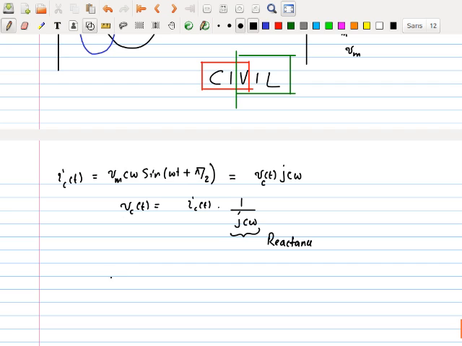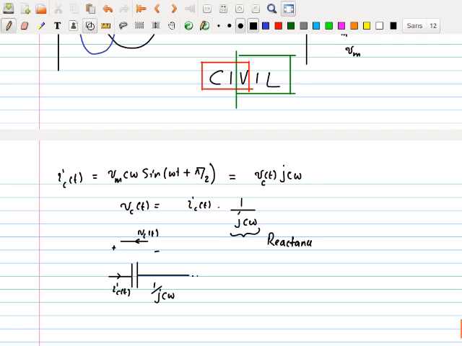So now this is like V is equal to I times R. I can redraw the equation, where this is Ic of t, that is Vc of t, and this now has some sort of resistance value, called a reactance, of 1 over Jc omega.